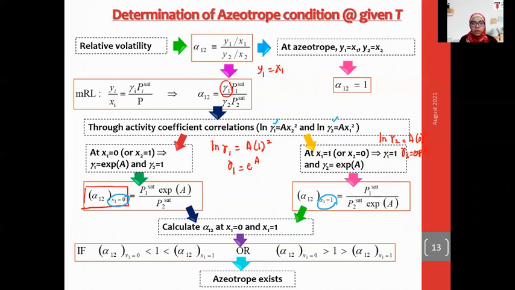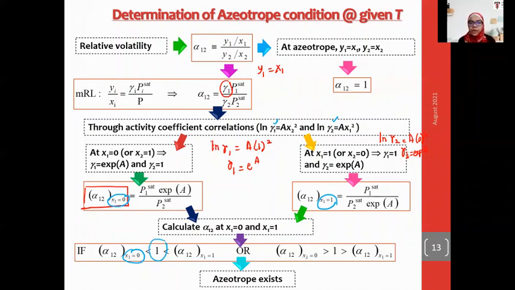So the azeotrope exists if we have alpha for component 1,2 at x1 equal to 0 and alpha at x1 equal to 1 such that 1 lies between them, or within this range.